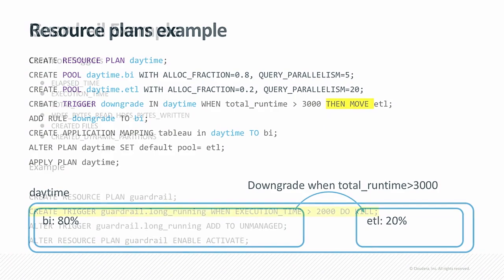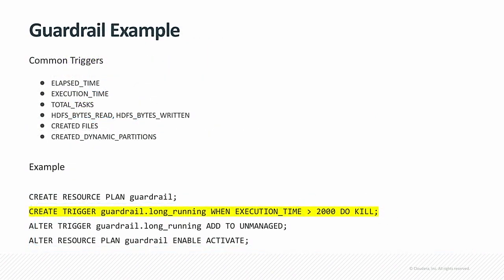And what we've also added is the guardrails, or the triggers for guardrails. You can create triggers, which are actions that you define to occur once a condition is met.